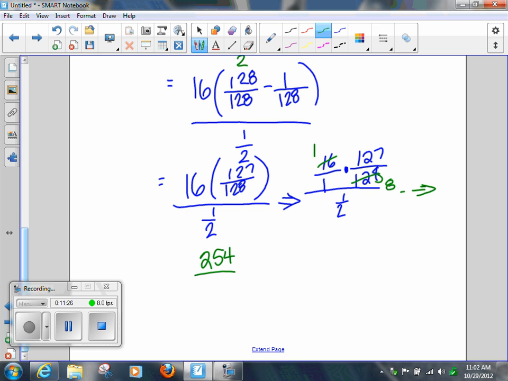Okay, if you don't like the fractions, just put it in your calculator. 1 times 127, I know, is 127. Over 8 divided by 1/2. Folks, put it in your calculator. But be sure that you use parentheses for both of those. When you do, what do you get? 31.75?